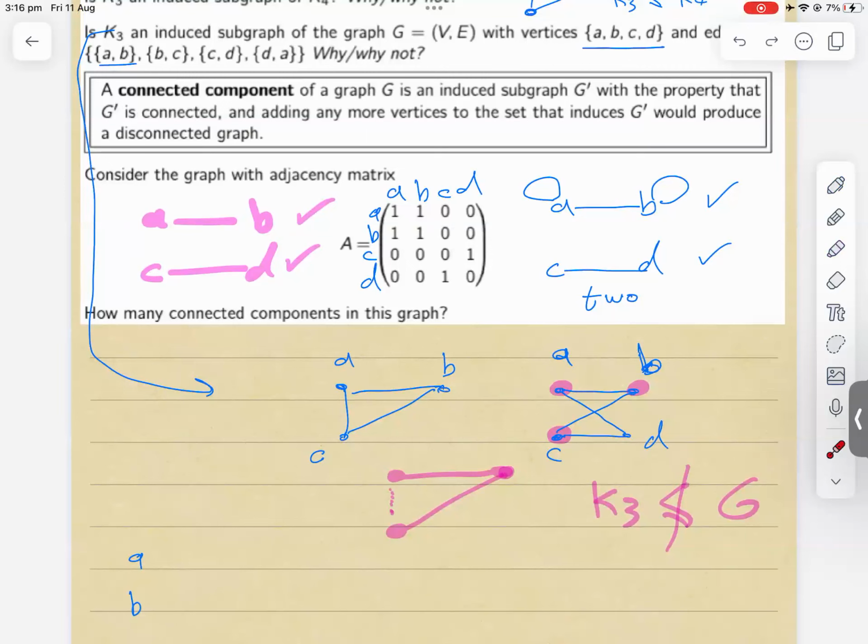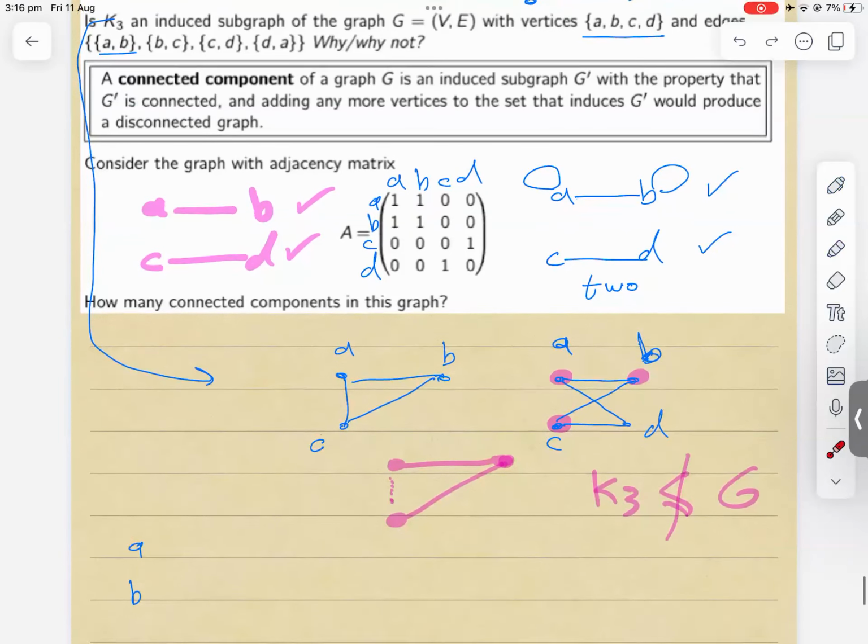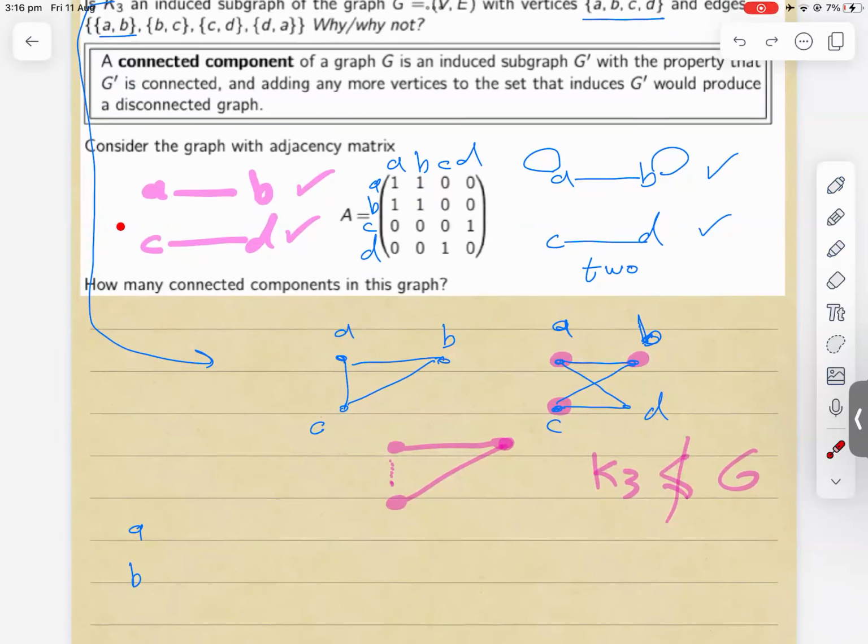So this one is really one independent component, and this one is really another independent component, each connected. For more explanation, we will talk about this in the workshop.